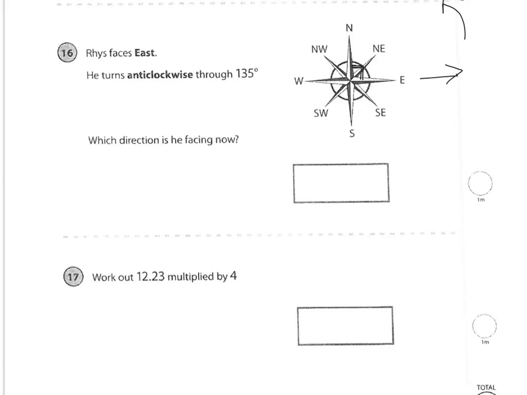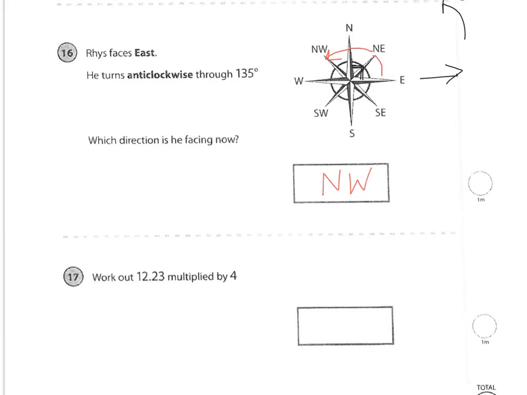So what we basically have, if we are going to move around 135, is we would go 45, and 45 makes 90. If we go another 45, that makes a grand total of 135, and that means that Reese is now facing north-west.